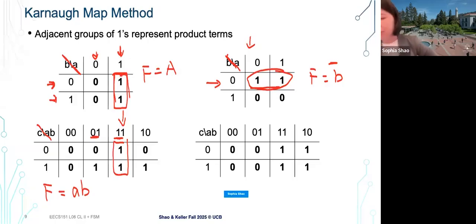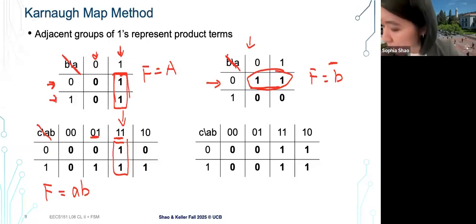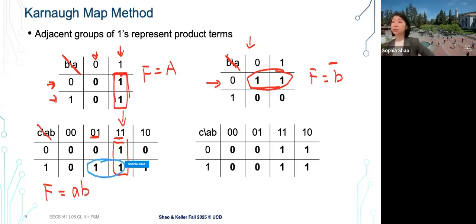So let's keep going. There are more ones in this table. Let's see, there is another one here. For this, you see why we want to use gray coding here, because only one term is different. For the blue one, B is always 1 for the two entries circled by the blue circle.